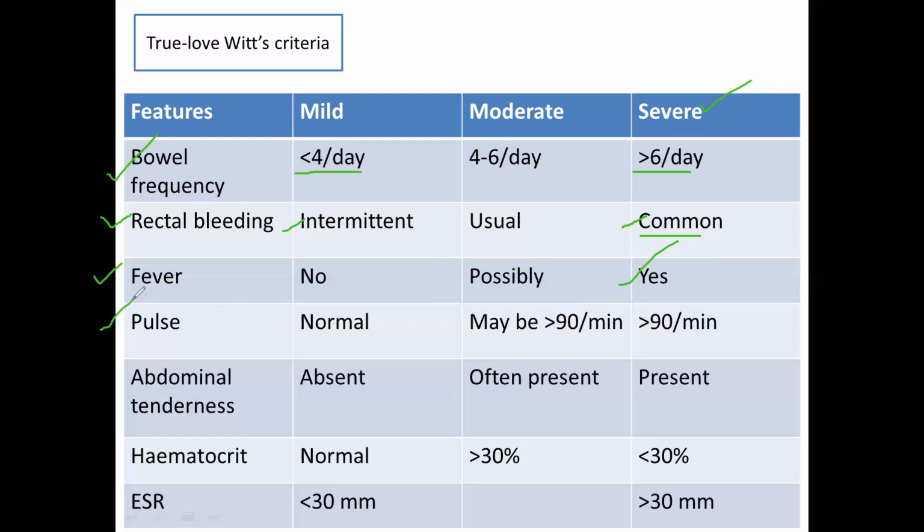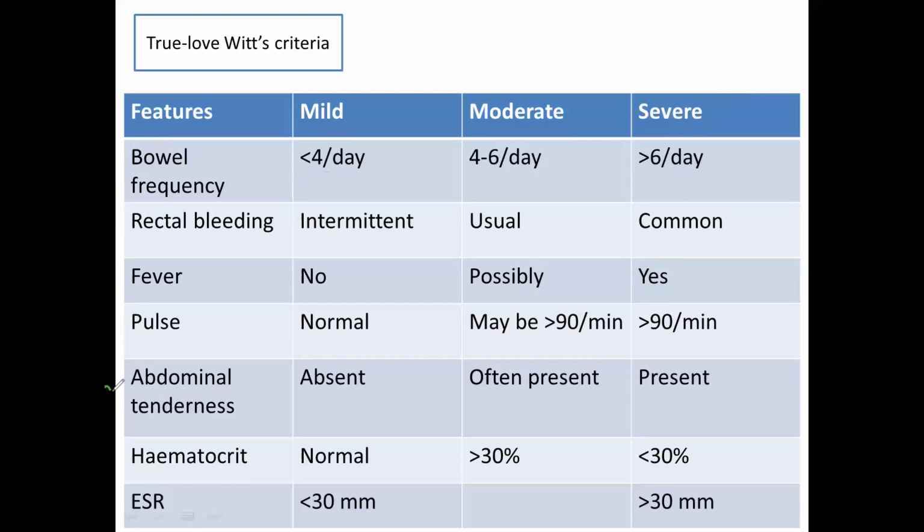Then the next criterion is pulse. If it is normal, it is mild. If it is increased but less than 90 per minute, or it may be more than 90 per minute, then it is considered moderate. And if pulse is always more than 90 per minute, then it is considered severe.